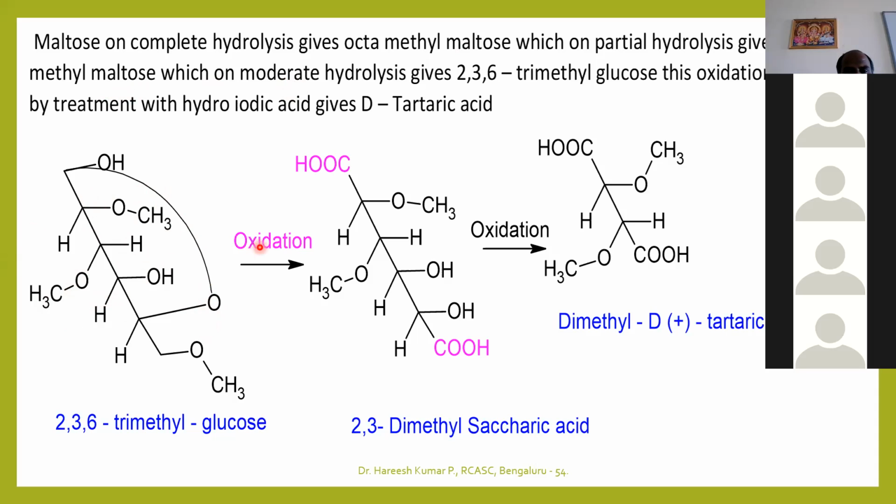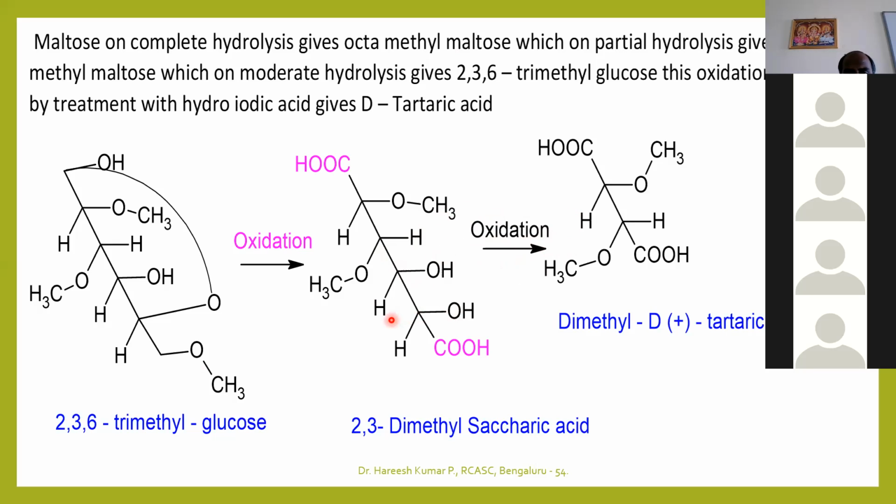So this on oxidation: you know that this is a secondary carbon atom, which gets converted into carboxylic acid. Similarly, this is a primary one, which also gets converted into carboxylic acid. Then the obtained compound, with this one at position 2 and this one at 3, is 2,3 dimethyl saccharic acid. This saccharic acid on oxidation, maybe for the oxidation one can use periodic acid.